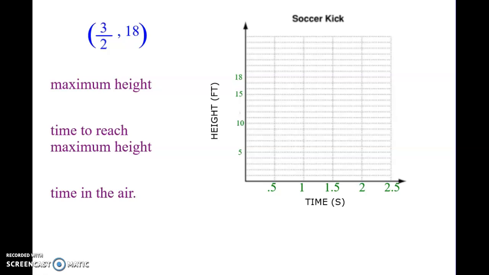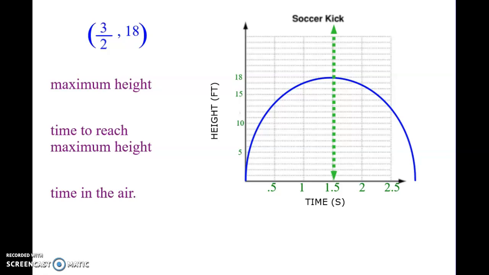So first let's put in the axis of symmetry. The axis of symmetry goes on the 1.5. Now it's okay to use decimals because it makes more sense to say 1.5 seconds than it does to say 3/2 of a second. Next, we know that the height is 18. So the maximum height is 18, and it took 1.5 seconds to reach that height, but then it would take an additional 1.5 seconds to get down to the ground.